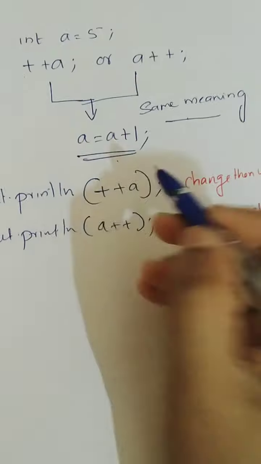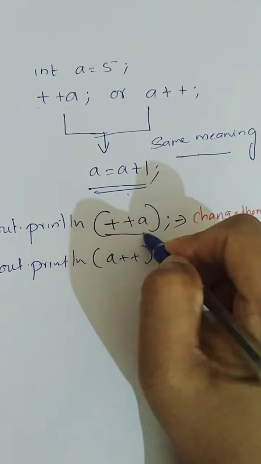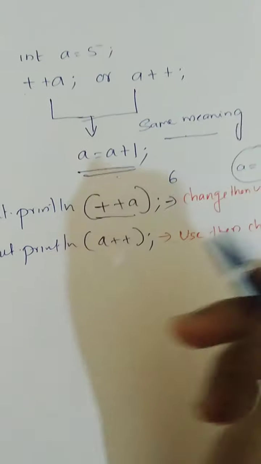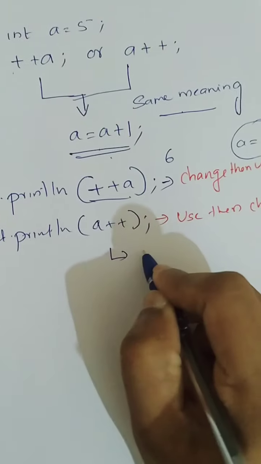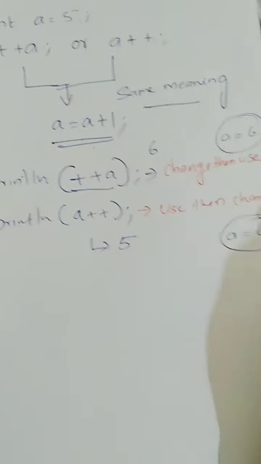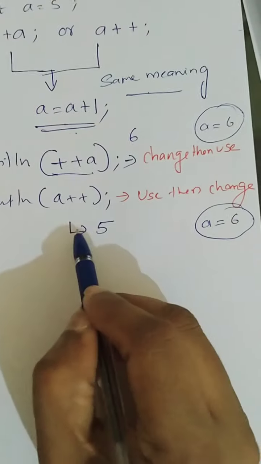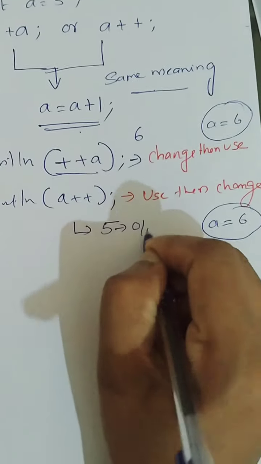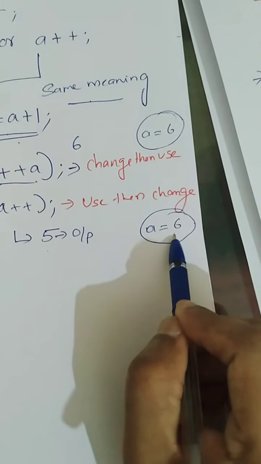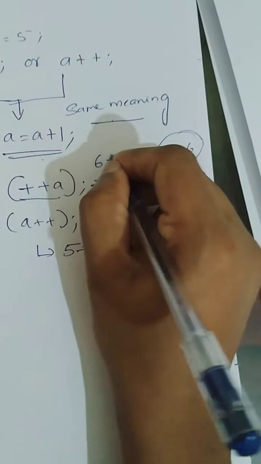That means you will get the output here as 6 and a's value then becomes 6. Here you will get the output 5 and later onwards a's value will be changed into 6. Output will be 5, but a's value after giving output will change to 6.